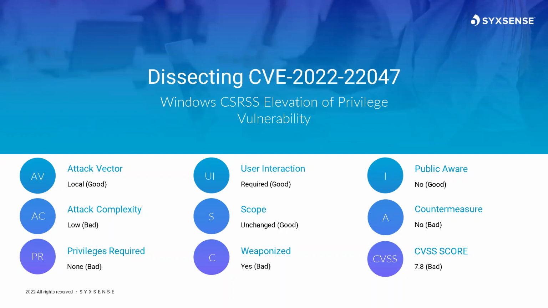The vulnerability exists due to a boundary error within the Microsoft Windows client server runtime subsystem. That's actually what CSRSS stands for. That local user could run a specially crafted program to execute arbitrary code with those system privileges. And on most systems, system privileges is almost like a local admin.